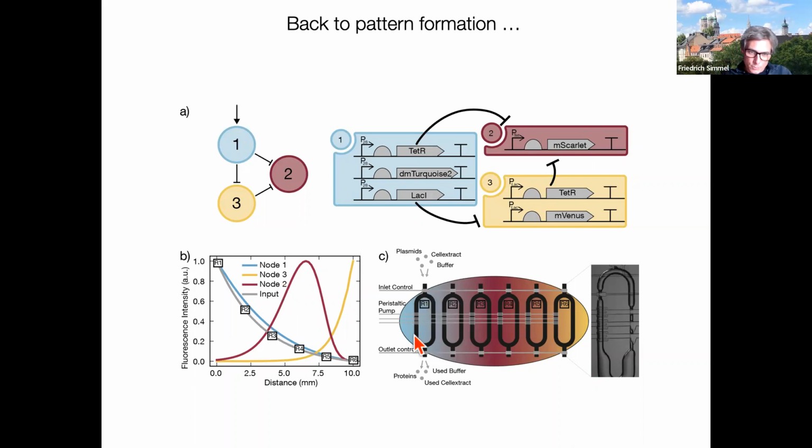But in any case, what that allows us to do is operate the corresponding gene circuit in a non-equilibrium steady state at these different inducer concentrations. And here's an incoherent feed-forward loop, which is also sometimes used in the context of pattern formation.